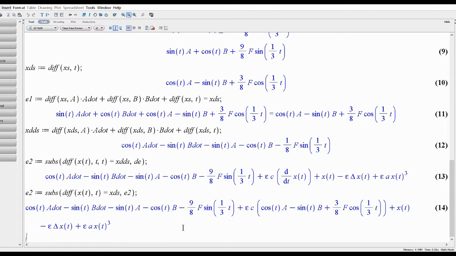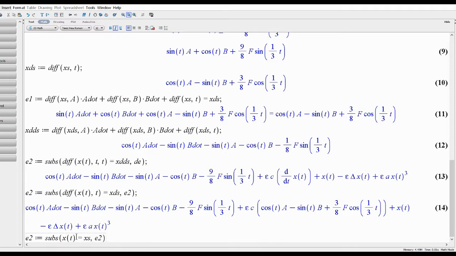Let us hope that it works out. There should have been an f. No, this is in epsilon. That's okay. It will work out. This is inside epsilon. This part will cancel here. Then I say E2 is equal to substitute x of t equals x_s in E2.